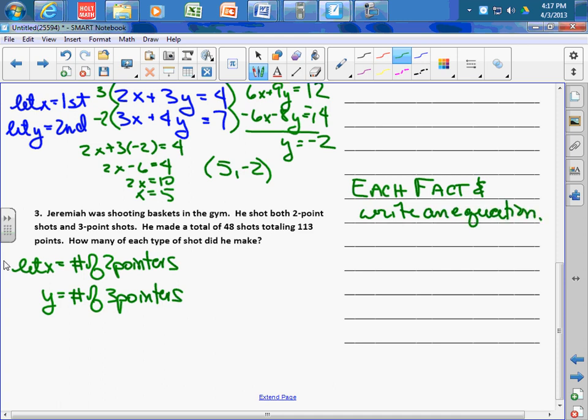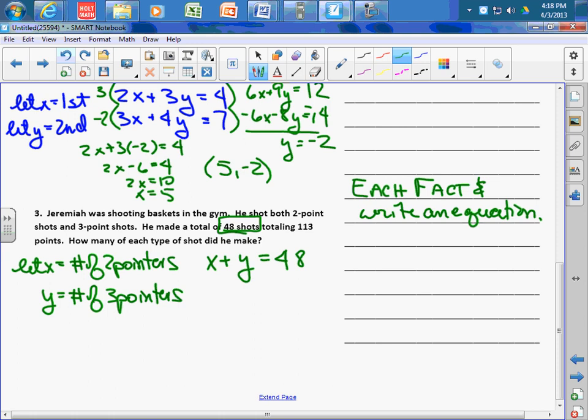Well, one fact is that he made a total of 48 baskets. Now, he made a bunch of two-pointers and he made a bunch of three-pointers. So the number of two-pointers is x and the number of three-pointers is y. And altogether, he made 48 of those. So x plus y is equal to 48.